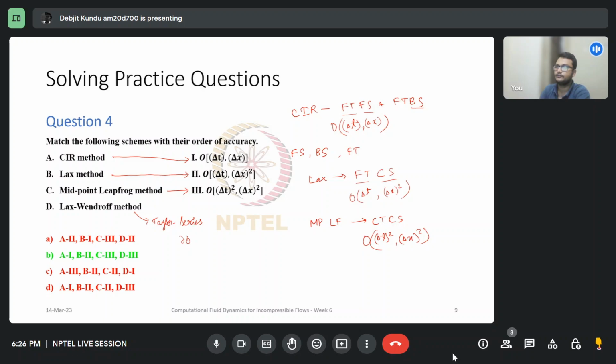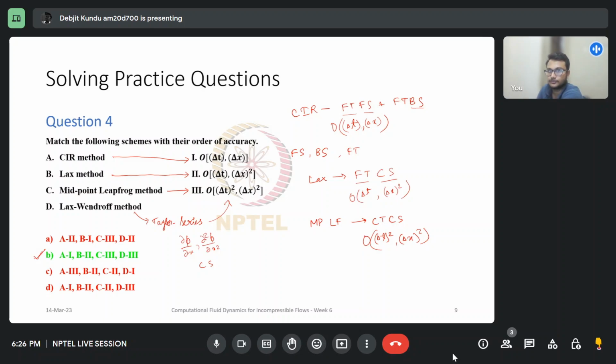So basically ∂φ/∂x as well as ∂²φ/∂x² show up, and we use central in space discretization for those, and finally we reach a form which is second order in time and second order in space accurate. So that results in A1, B2, C3 as well as D3, which is the correct combination given by option B.